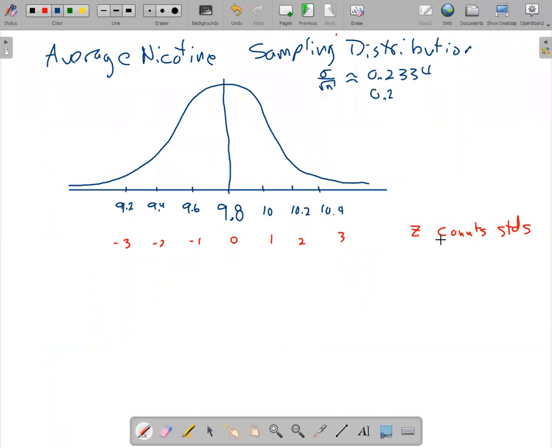So next they're asking me to find the probability that another sample has a mean that is less than the one we found, 9.473 milligrams, knowing that the population should have a mean of about 9.8. Okay, and this is what we called a p-value last week.